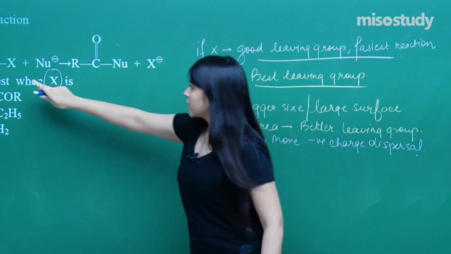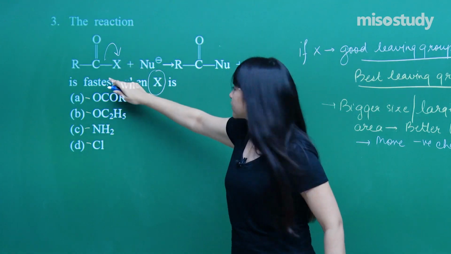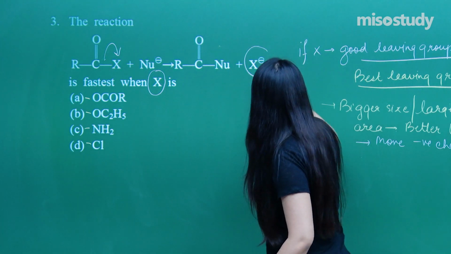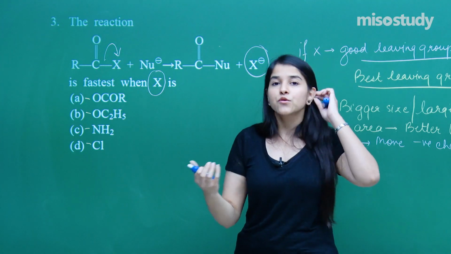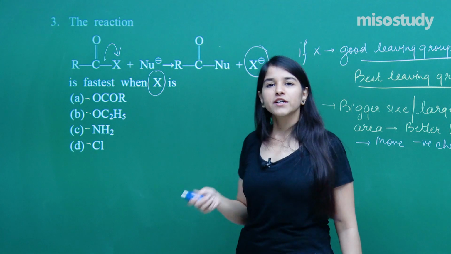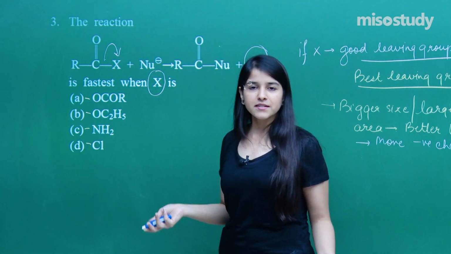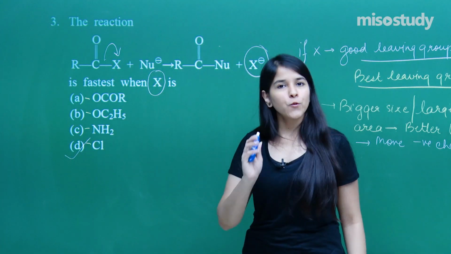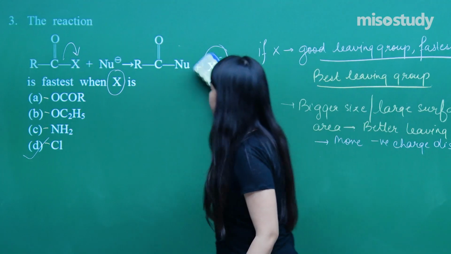The leaving group is the one which takes up the electrons, so it will be taking up the electrons and leaving the vicinity. So it needs to actually hold on to the electrons. If it has got room for that, a bigger area, it will be holding the electrons very easily. So over here, chlorine has the biggest size, that is so obvious. So we have got the answer over here. I hope you all have got this. Very easy question, but it applies a certain logic.